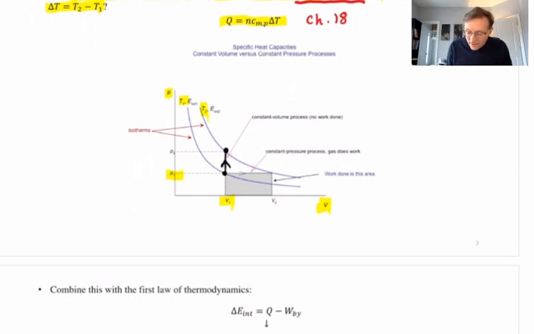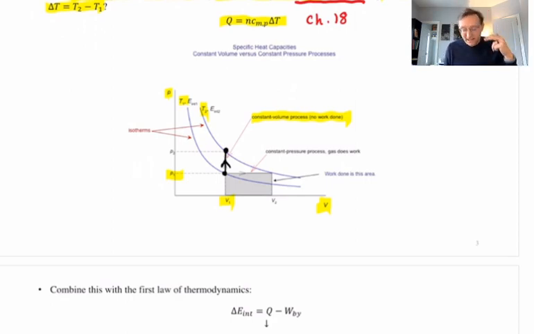That's the constant volume process with no work done, because there's no area under that line I just drew. All the energy added as heat, Q, goes into increasing the internal energy in the constant volume case.